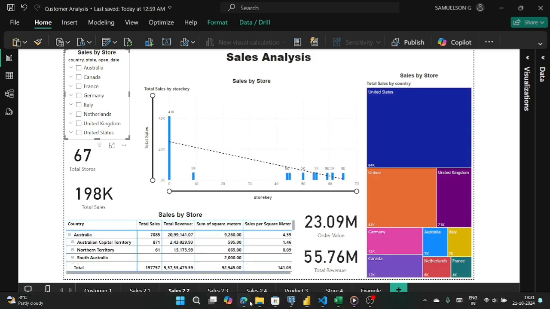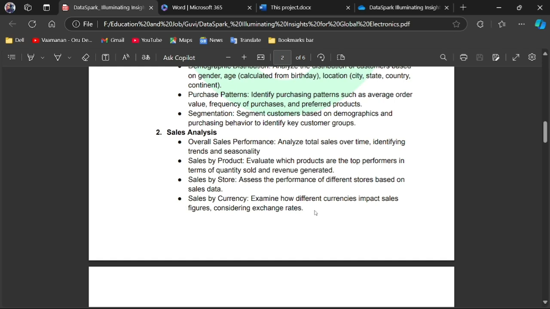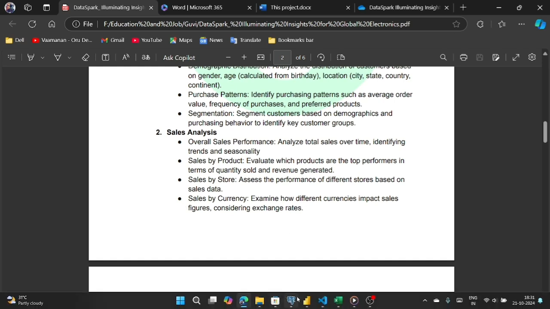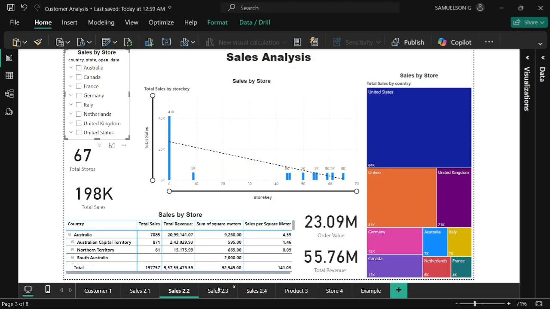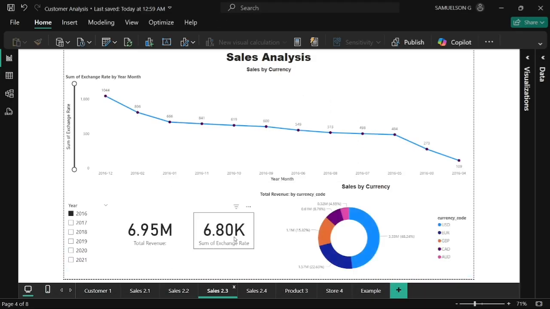sales by currency. Examine how different currencies impact sales figures considering exchange rates. Exchange rate means all over the world, every country has a different currency, right? USD means United States dollar, and euro means Europe currency.